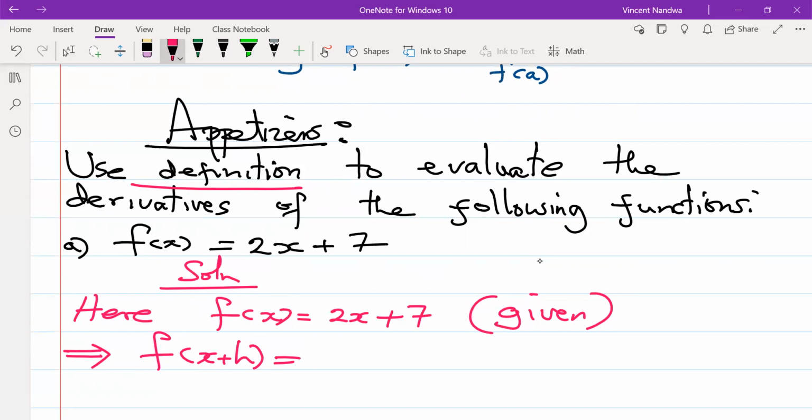So what is f of x plus h? Remember what we started with in this topic when you are studying functions. If you are given f of x is 2x plus 7, what is f of x plus h?